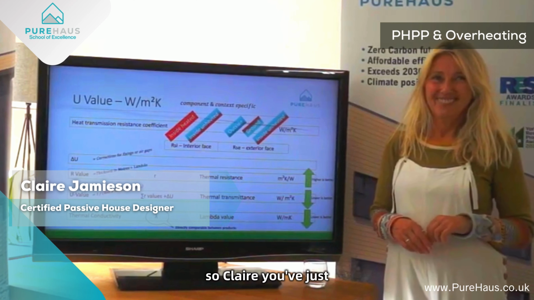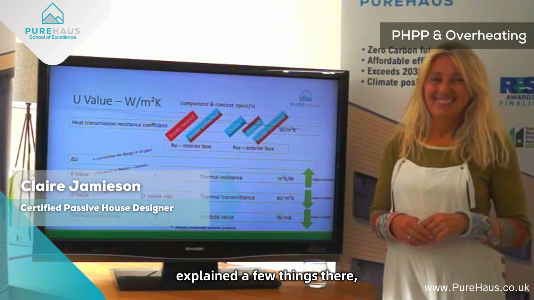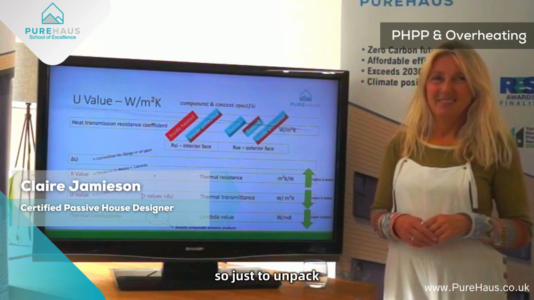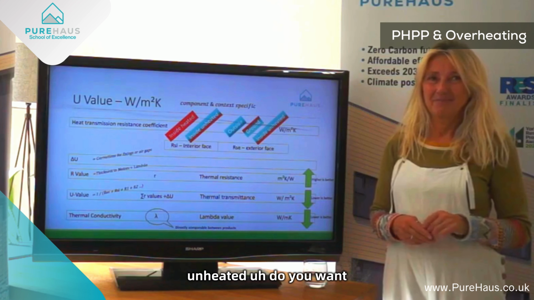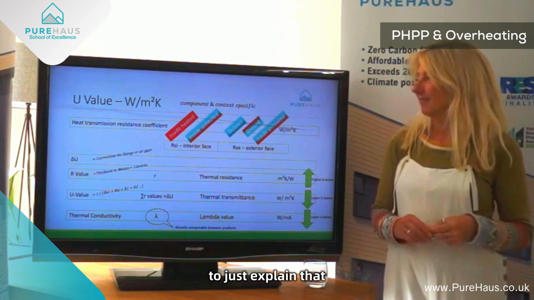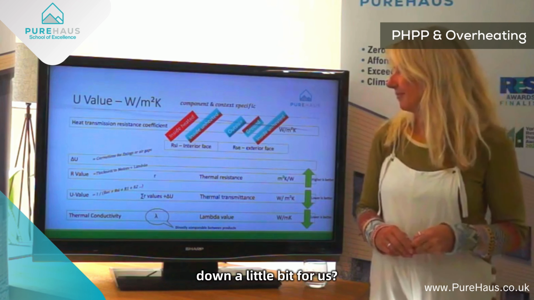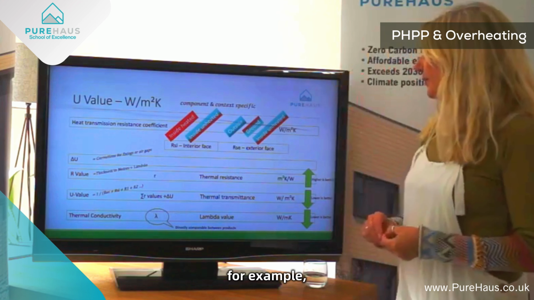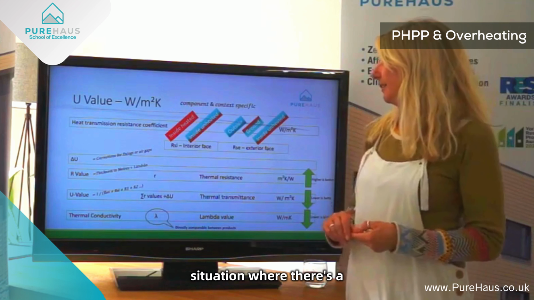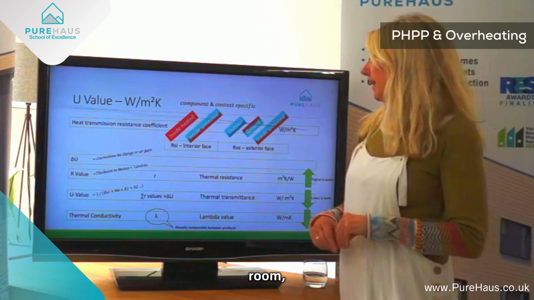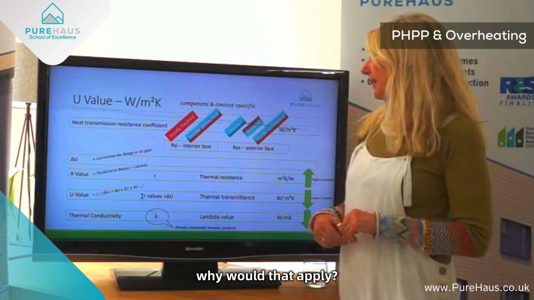Yeah, so Claire, you've just explained a few things there. Just to unpack, you mentioned inside unheated. Do you want to explain that and slow it down a little bit for us? For example, if you have a room, why would that apply?